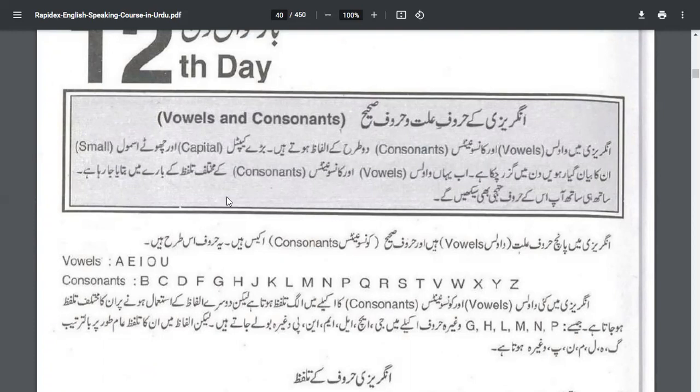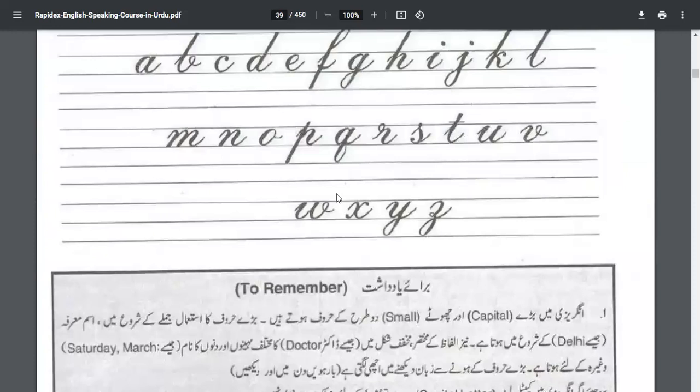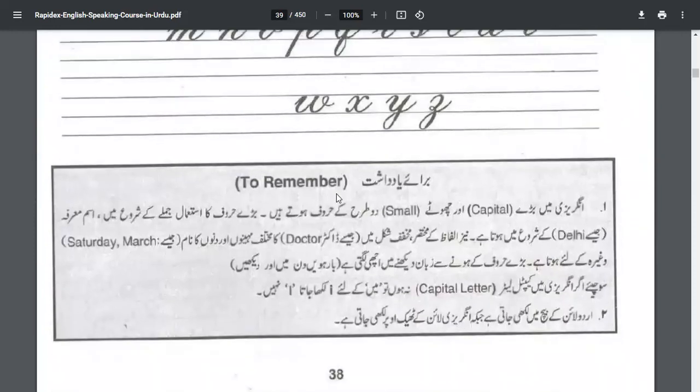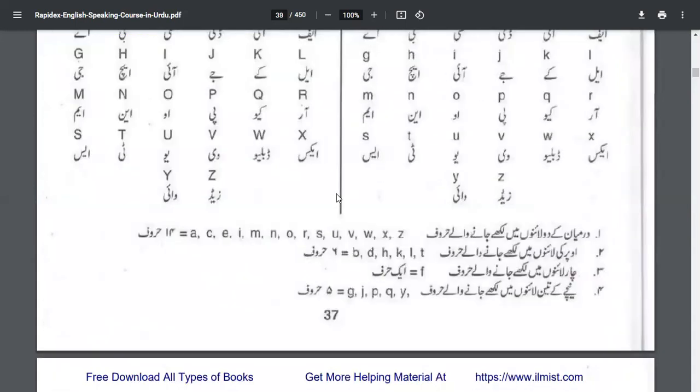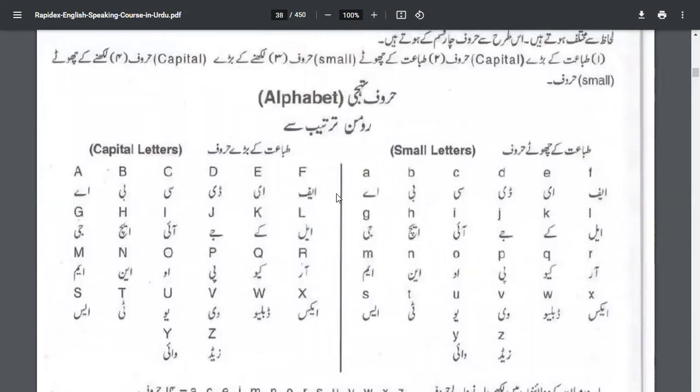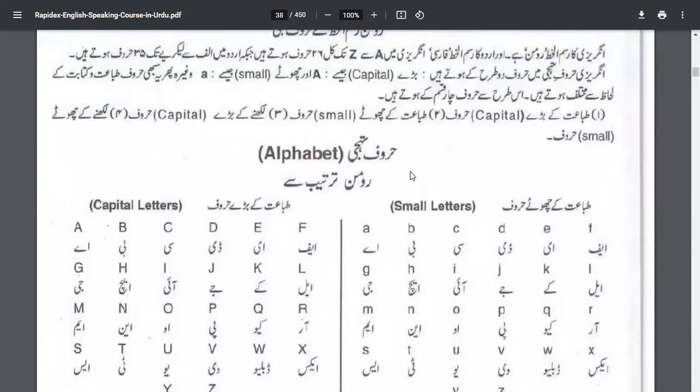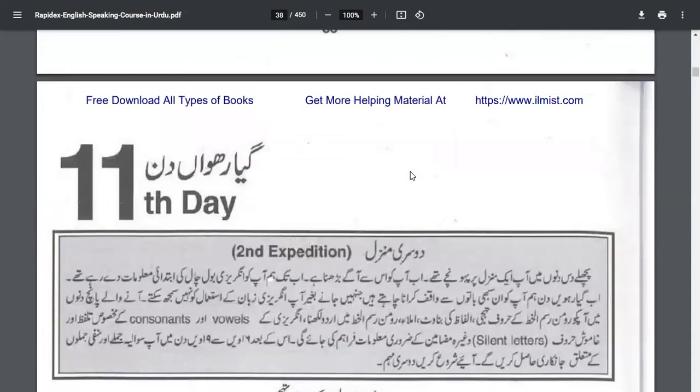Anyway, consonants I told you, vowels I told you, and this is all about vowels and consonants. And what was in this lesson: small and capital letters, and some instructions. Okay, it was all about small letters and capital letters and silent letters as well.